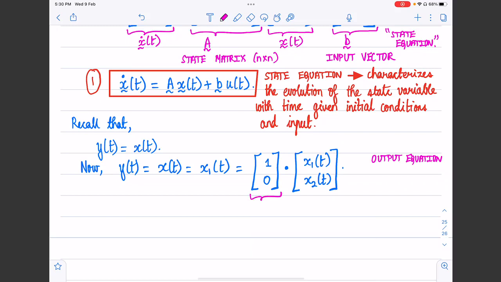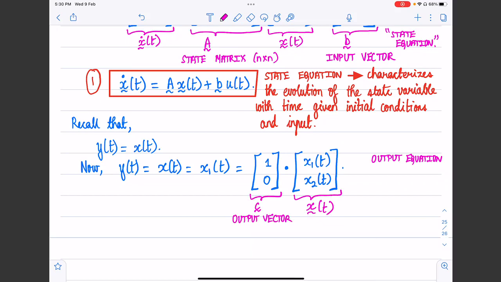This vector, denoted by the vector c, is what is called the output vector. Of course, this is the state vector x1. This is something we are already familiar with.